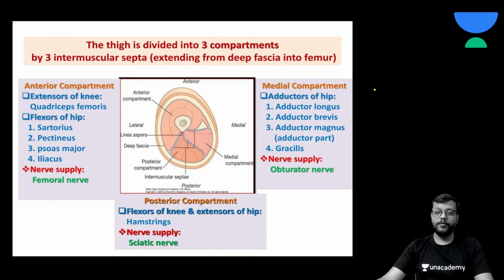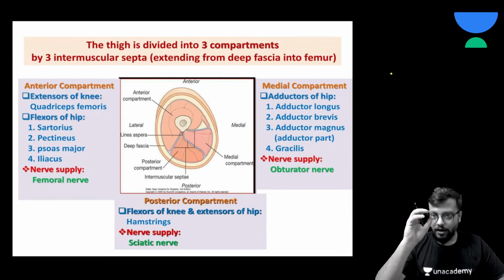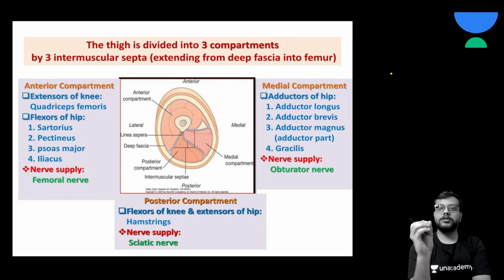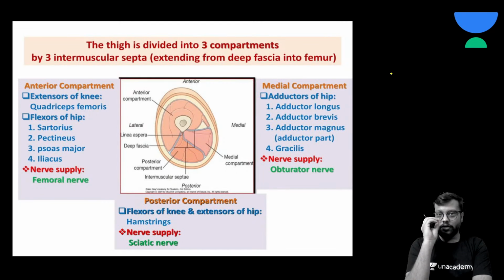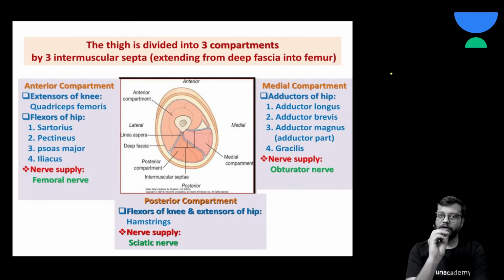Now it is very important, and sometimes very confusing also, to remember the different muscles in different compartments of the leg. So please go to your anatomy notes. It will take you just 5 minutes to read it.